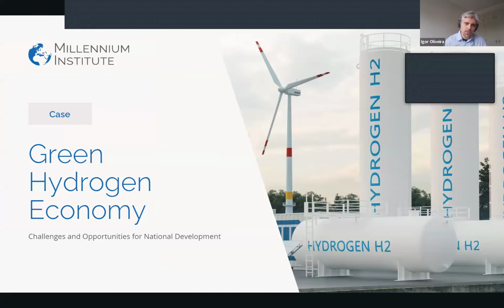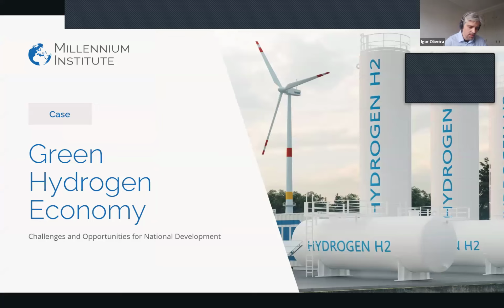So let me go a little bit more in depth into this green hydrogen project that happened in collaboration with GIZ, the German Development Agency, and the Green Hydrogen Business Alliance. One of the peculiarities of this project is that we had an agency from Germany funding national modeling in 3 other countries.